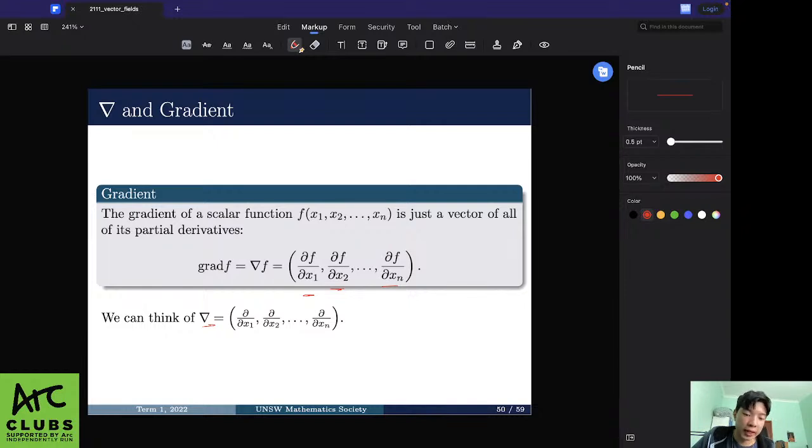Differentiating f with respect to x2 is our second component, and so on. We might think of nabla as this vector of partial derivatives. So multiplying by f is essentially like multiplying the whole vector by f, so each individual component gets an f. And that's how we can think of it.